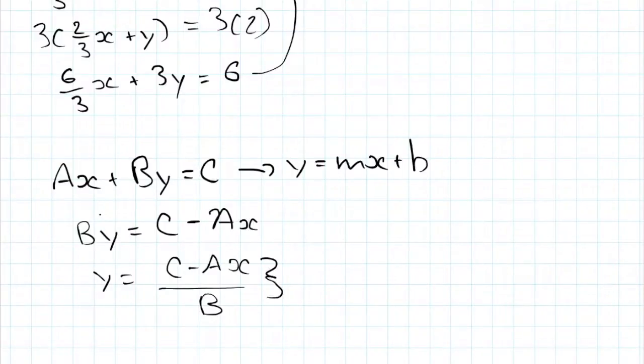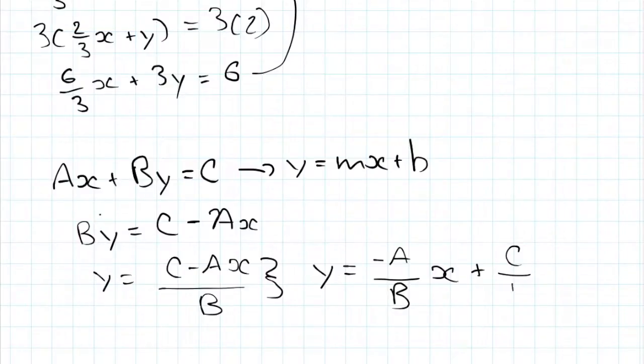So if we make this look a lot neater and more in tune to the form of y is equal to mx plus b, we get negative a over b, which in this case is m, right, x plus c over b. So basically what we have here is a little formula we can use to just get m, right, and a little formula over here we could use just to get b.